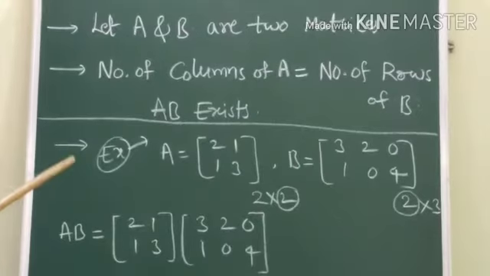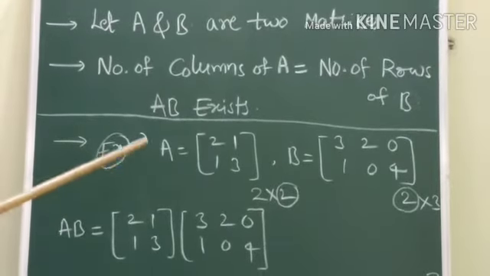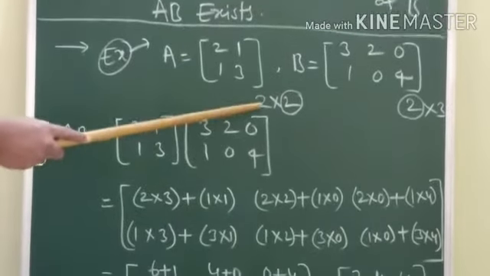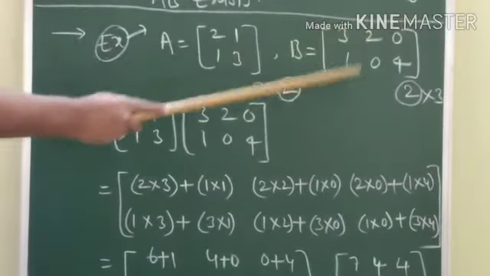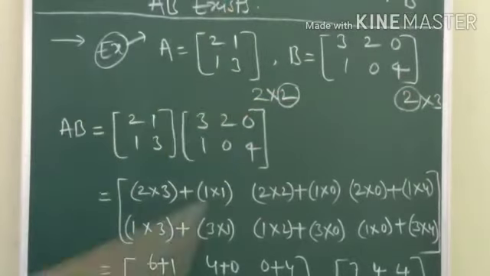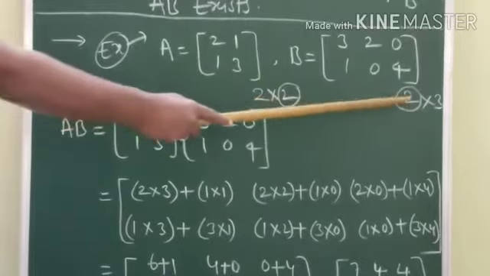Now let us see an example based on the multiplication of matrices. Take A equal to [2, 1; 1, 3], which is a 2 by 2 matrix, and B equal to [3, 2, 0; 1, 0, 4], whose order is 2 by 3. Now let us check the orders, 2 by 2 and 2 by 3.